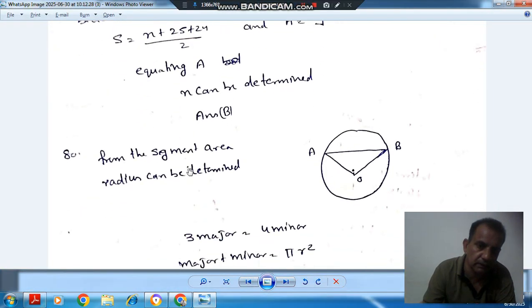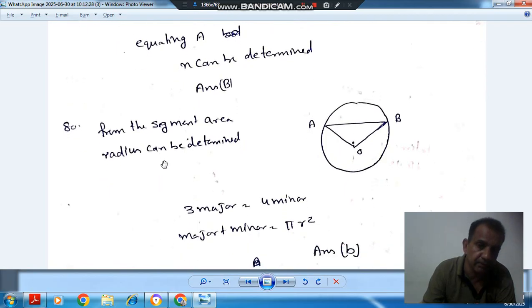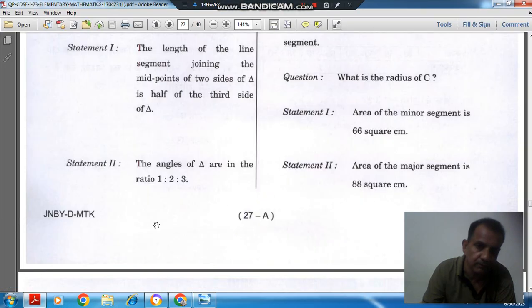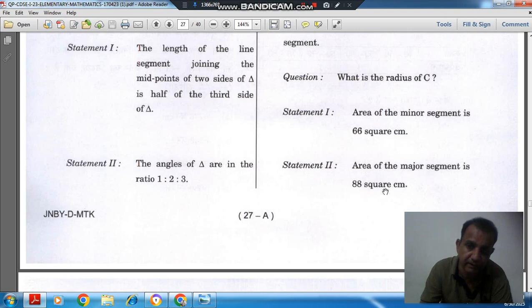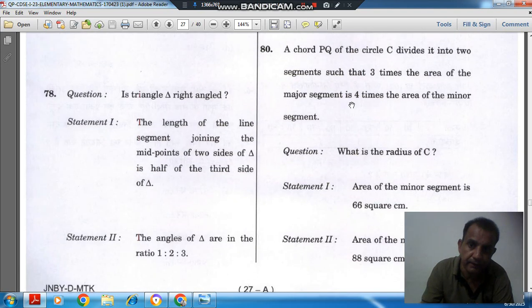So here, from the segment area, the radius can be determined. Because in statement 1 the area of the minor segment is given as 66, and in statement 2 the area of the major segment is given, that is 88, and it is given that the areas are in the ratio of 3 and 4.